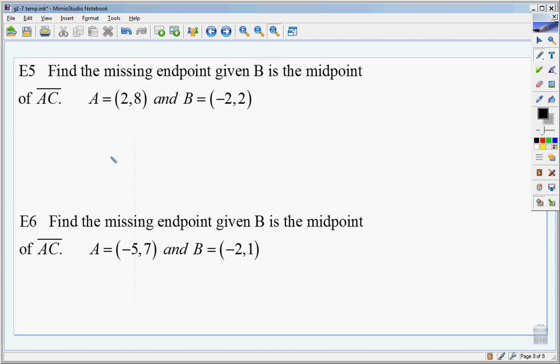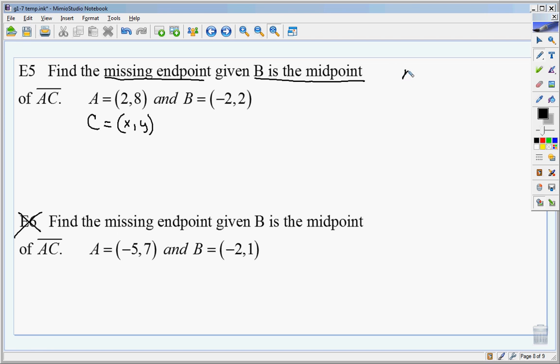I'm going to do one more example then. I'm going to skip this one. They're both exactly the same. Sometimes they ask you to find a missing endpoint, but they give you a midpoint. So C, they're asking me to find what its x value and y value is.